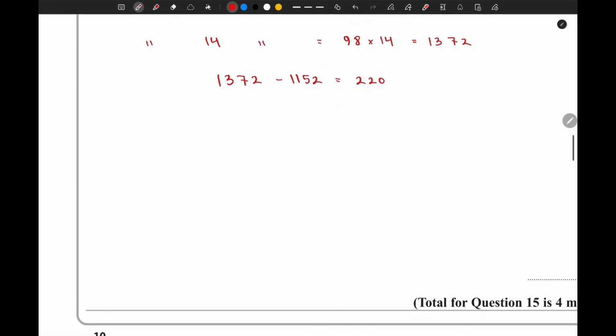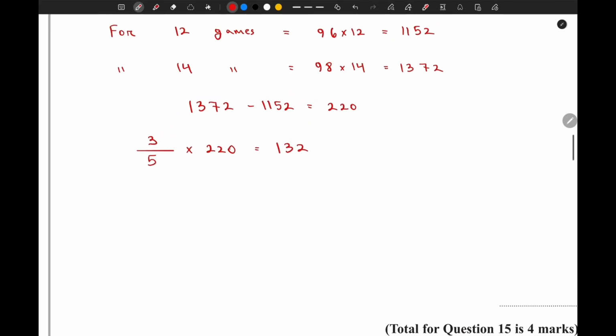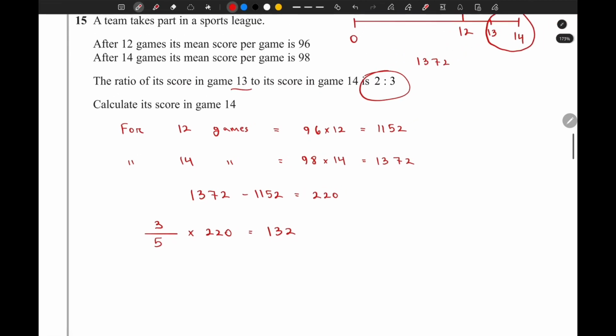For game 14, the required ratio is 3 divided by the sum of ratio, which is 2 plus 3, that is 5, multiplied by the total value, which is the total score of game 13 and game 14, that is 220. So this is equal to around 132. This is the score in game 14, and that is the answer to this question.